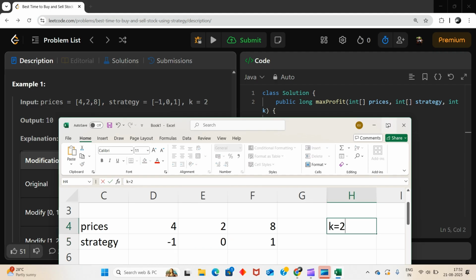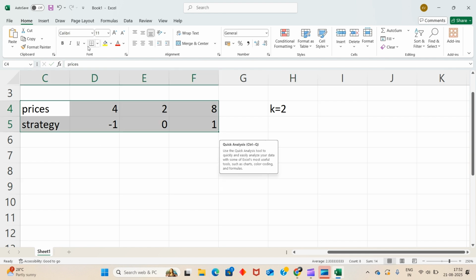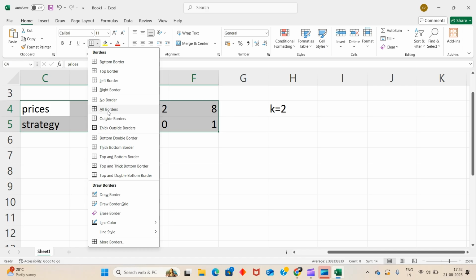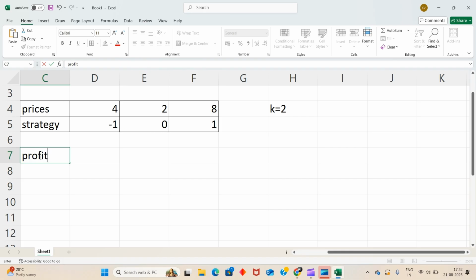Now let's see how we'll solve this. I'll just add some border for clarity. Initially, what is the profit? How is the profit calculated? Prices of i into strategy of i.